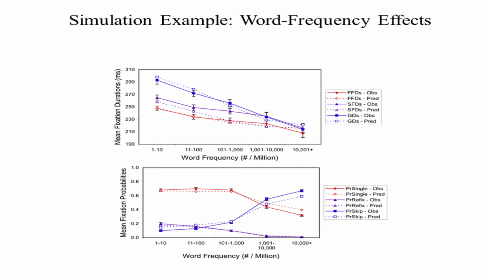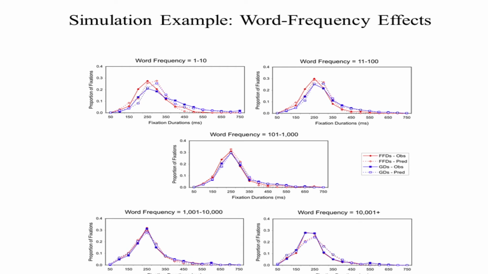But on top of that, just to stick with this one example, here I'm showing, again, the 5 frequency classes of words, rare words, common words, and 2 of the dependent measures, first fixation durations in red and gaze durations in blue. And again, simulated data, the dotted lines, and observed data, the solid lines. So the model can account for the variability that's observed in the data.